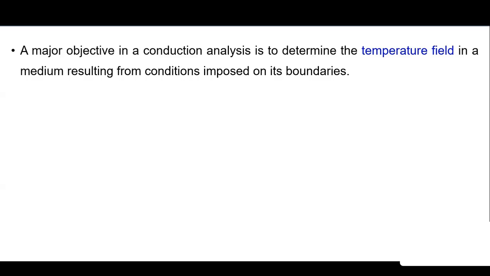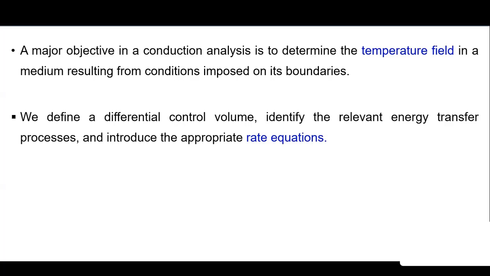So for this we are going to derive this generalized conduction equation. We are going to define a differential control volume and identify the relevant energy transfer processes. As I told you, we are going to apply the energy balance and introduce the appropriate rate equations. Appropriate equations we are going to write for the different forms of energy, and then substitute them back into the energy equation to get the final form.